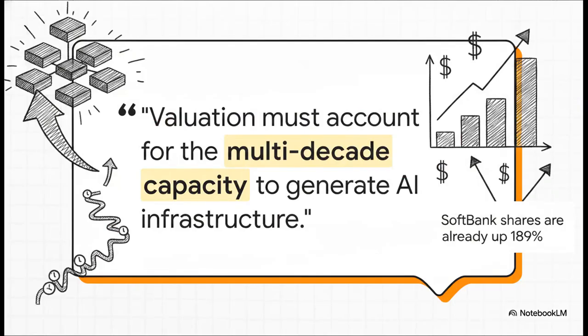SoftBank's Masayoshi Son actually argues that the market is severely undervaluing this exact mechanism. His thesis is basically this: you can't just look at their present assets. You have to account for their capacity to continuously generate this AI infrastructure over the next 40 years. And guess what? The market is definitely starting to believe him. It completely explains why SoftBank shares have shot up 189% over the past year alone.